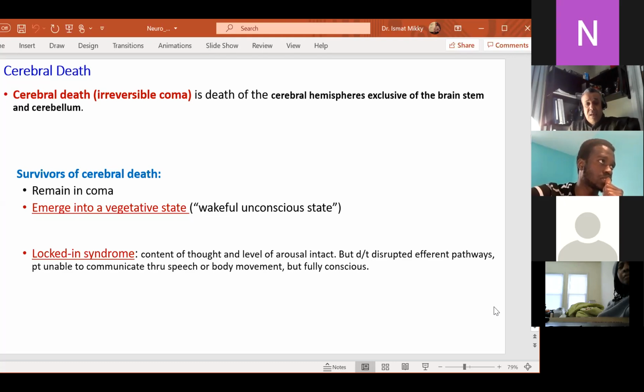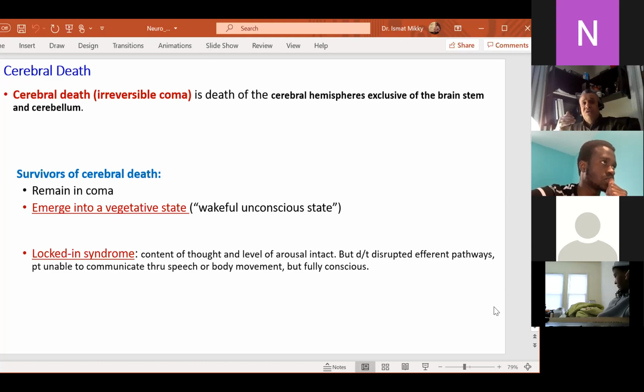The brain can continue to maintain internal homeostasis, like cardiovascular function, respirations, metabolic function, and body temperature. All of these are going to be maintained, but there are no behavioral responses to environmental stimuli.